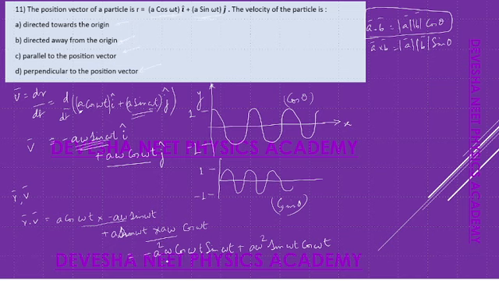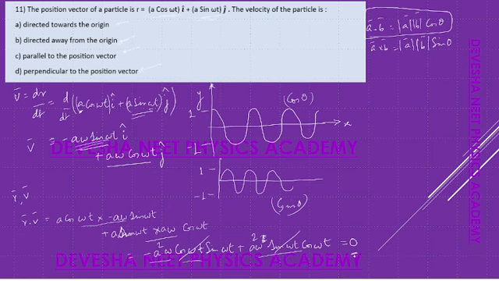So this is minus a square omega cos omega t sin omega t plus a square omega sin omega t cos omega t, which are actually the same, just one is positive and one is negative, so this entire thing will become 0.